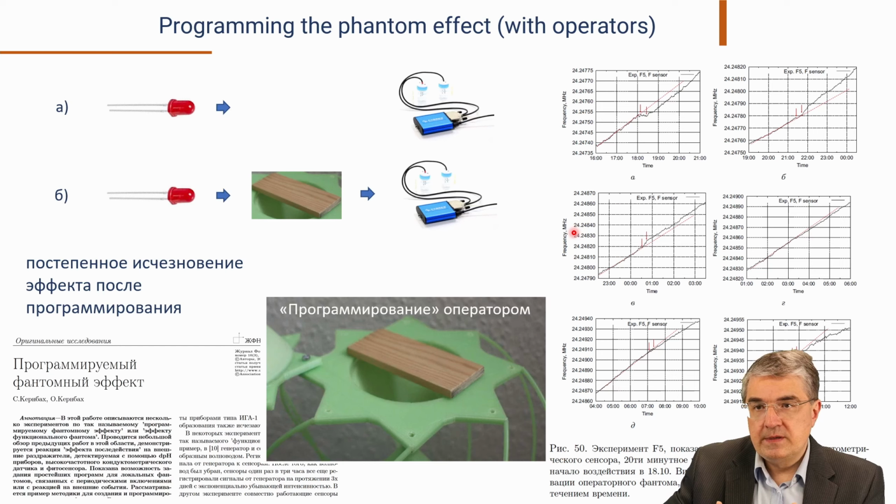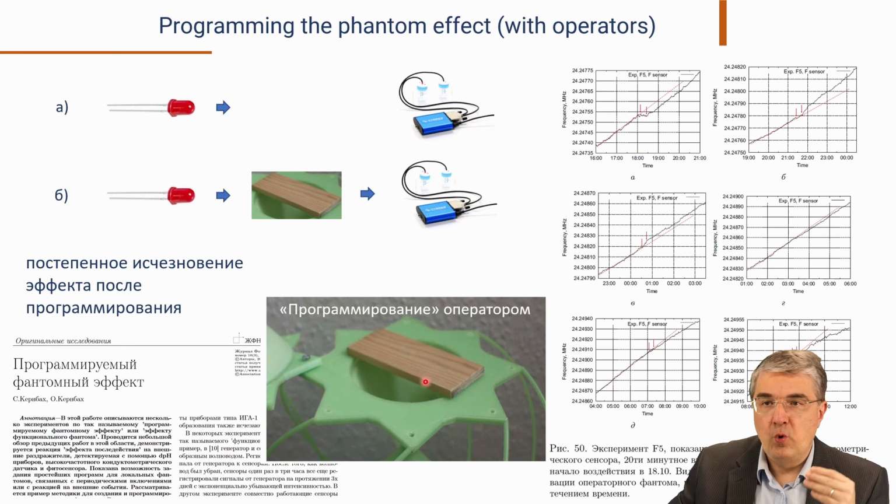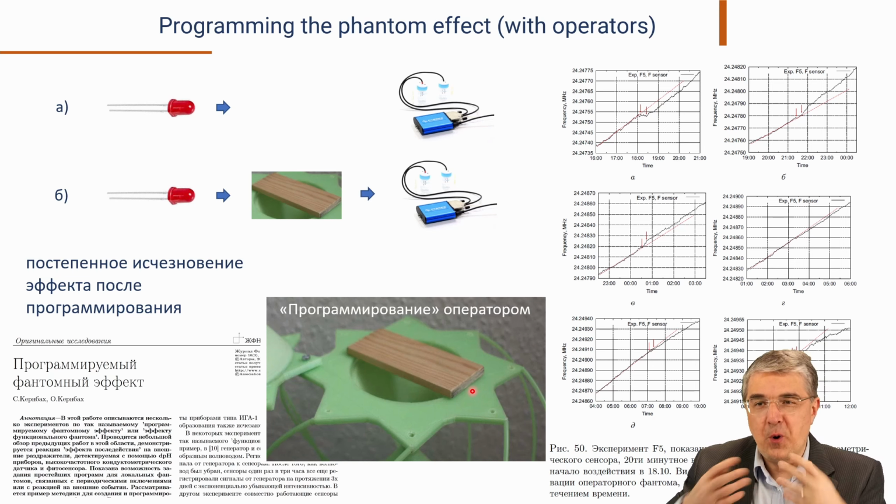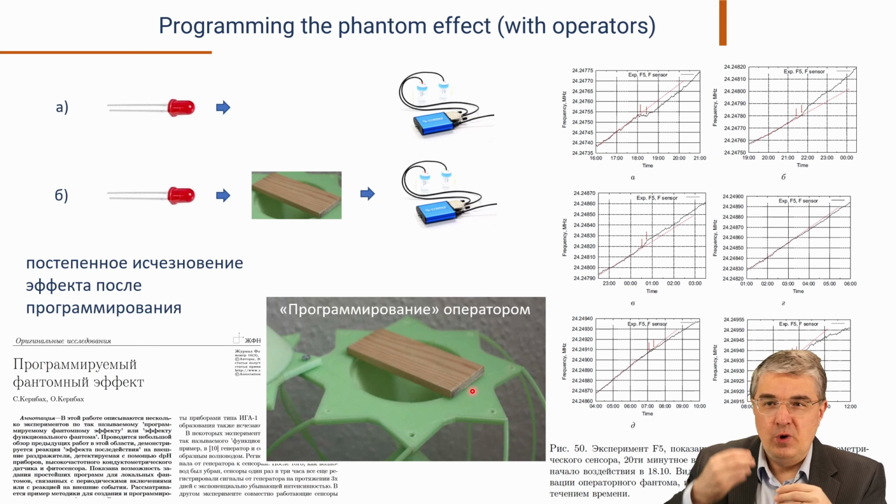In our setup, we had one object, and the human operator focused his attention on this object and tried to some extent to really program it, to imagine a specific functionality or specific behavior. In our case, it was quite simple.